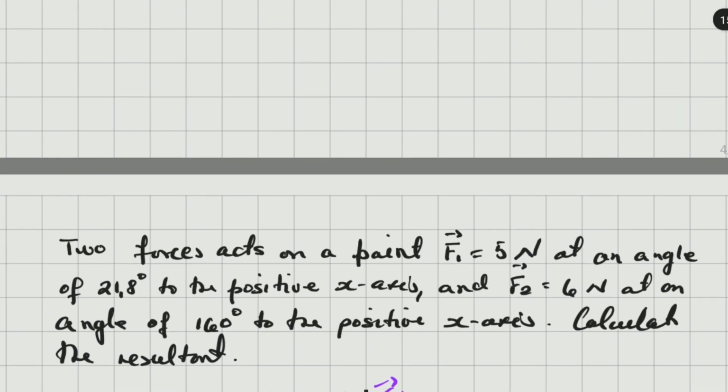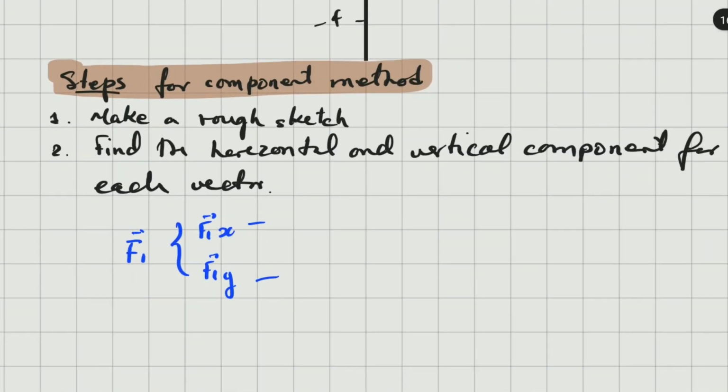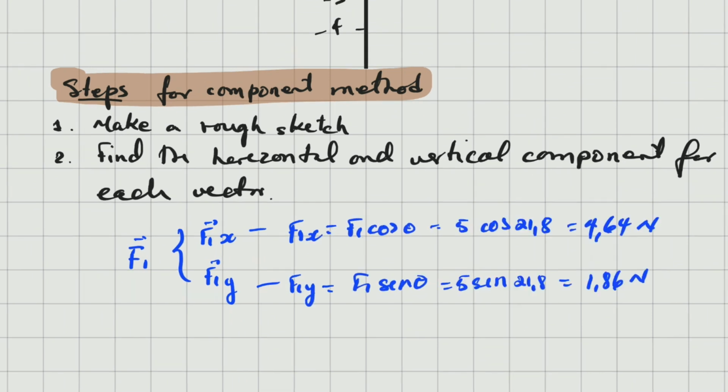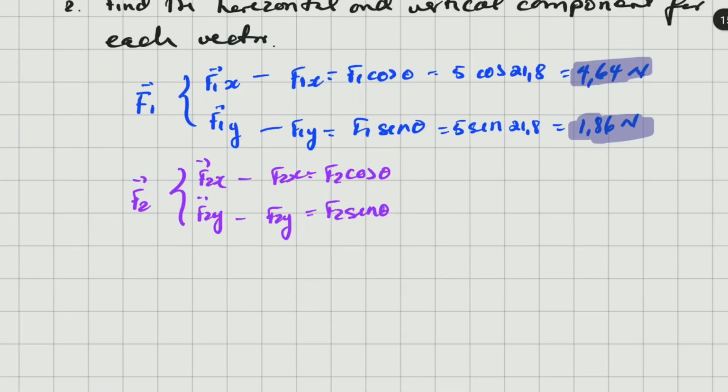Okay, so we're going to calculate both components, the x component and the y component. Now here we have the horizontal component and the vertical component of F1. So you're always going to do that for F1, and you are also going to do it for F2. So let's do it for F2.